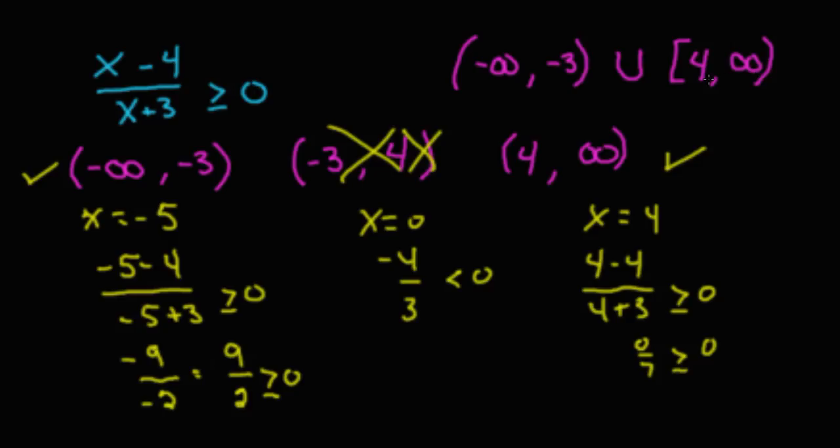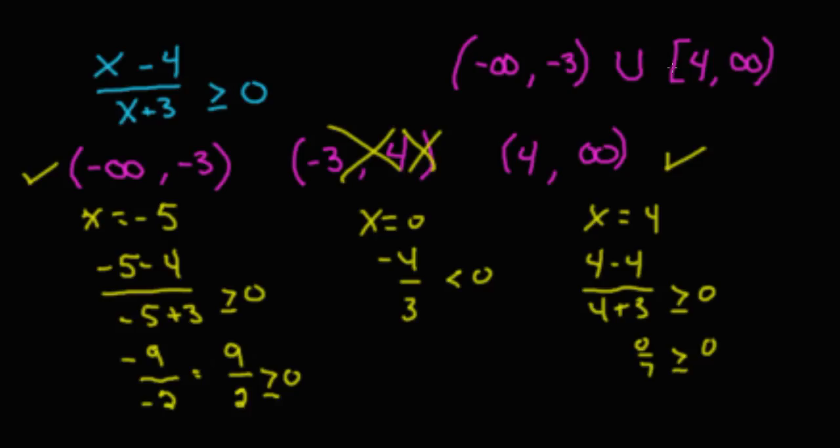And the parentheses because it can't be equal to infinity. So that's our solution set. The range, negative infinity to negative 3, but not including negative 3, and also anything greater than or equal to 4.